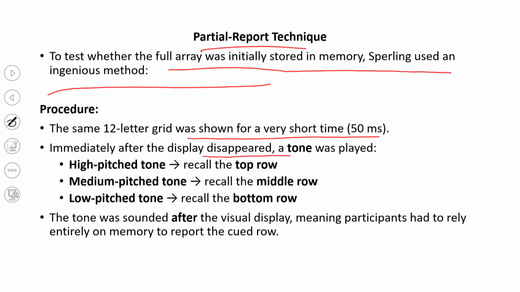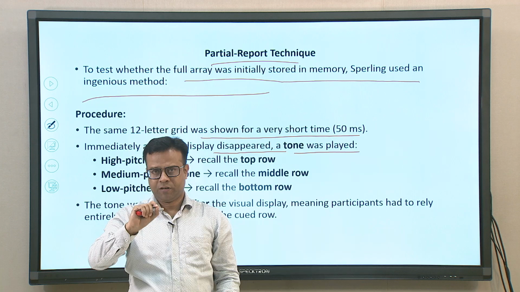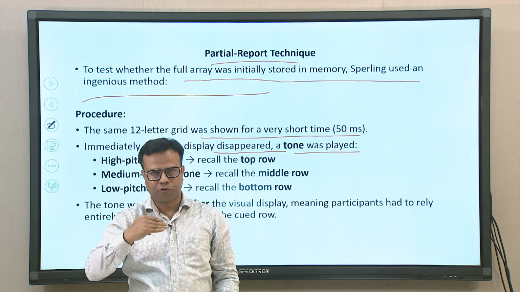Immediately after the display disappeared, a tone was played. Here the experimental method changed a little bit. They were not just asked to report whatever they had seen, as in the whole report. Here they were asked that, depending on what kind of tone sounded, they had to report a particular row of those letters.